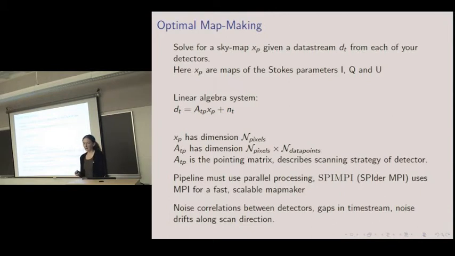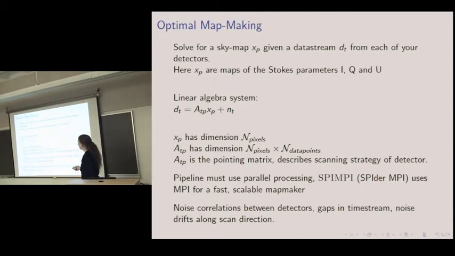Here X are the Stokes parameters I, Q and U. This is essentially a linear algebra system where we have this equation: A is a pointing matrix which scans the sky map X into a time stream D. And in addition, we have a noise vector N, where N includes the correlations between your detectors, detector noise and other noise.